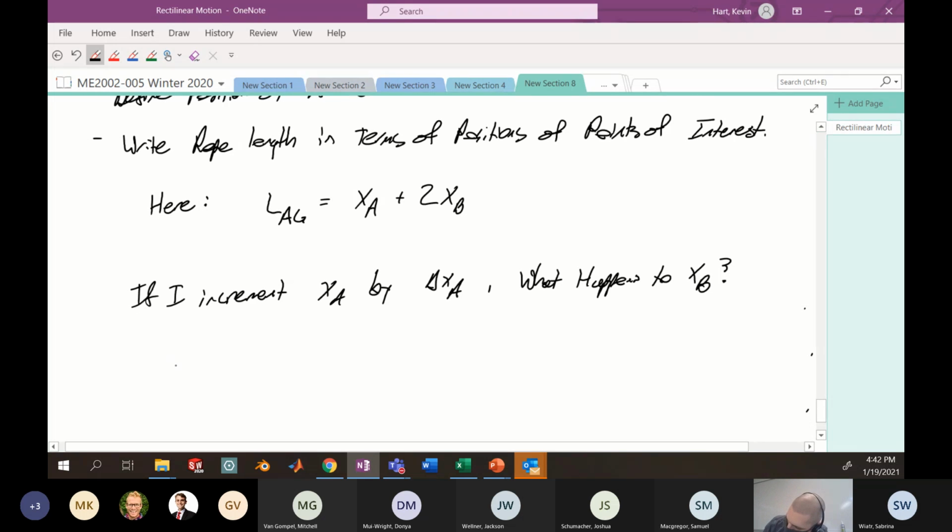So we have LAG, which is going to be equal to my new increment. Let's say I'm moving it down slightly, plus 2 times something that's going to happen with B. Let's say it responds with some change, delta XB.